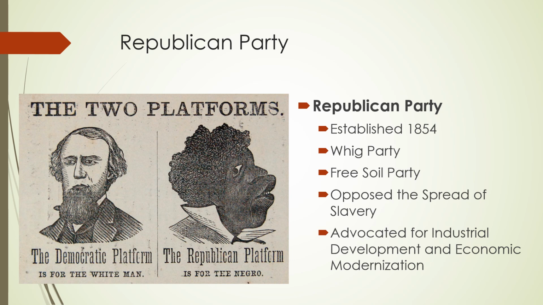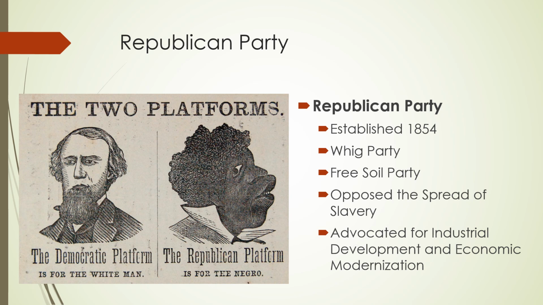This is going to pull in a lot of the Whigs, so a lot of the Whigs will now become the Republican Party. There was also a party called the Free Soil Party. The Free Soil Party was very small. It never had a whole lot of support. Its whole platform was limiting the expansion of slavery. These two parties are going to form the Republican Party, which is built on the idea of being an anti-slavery party.